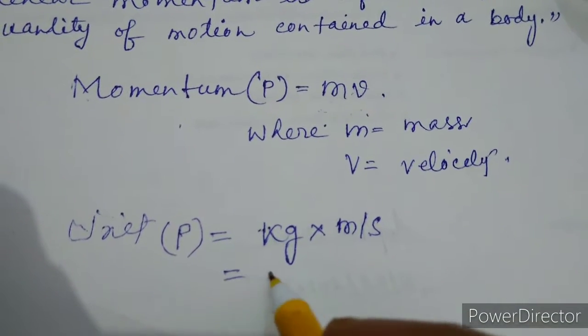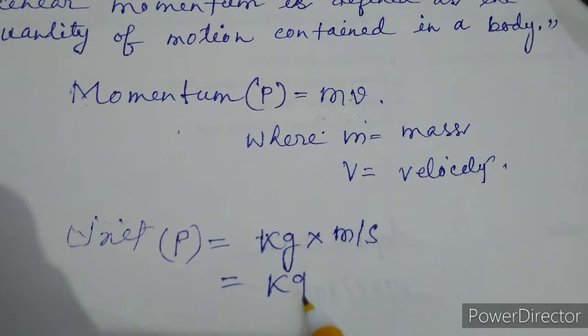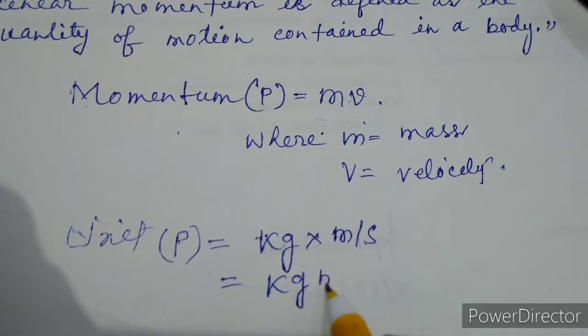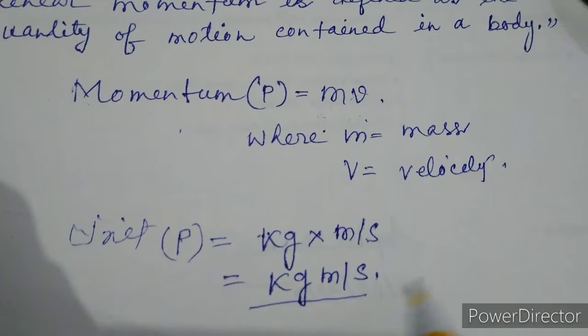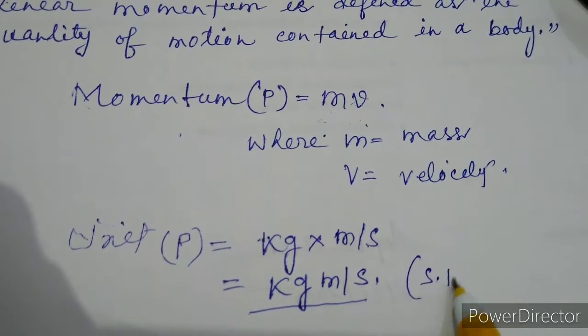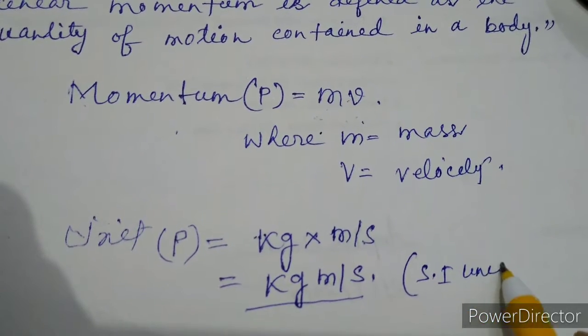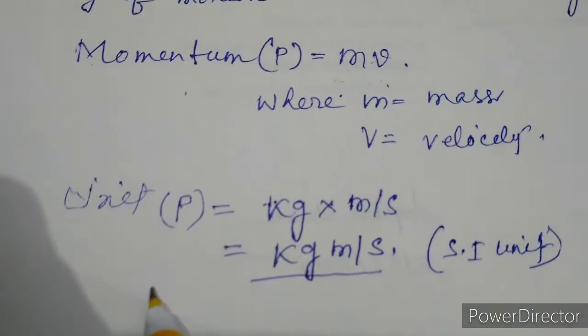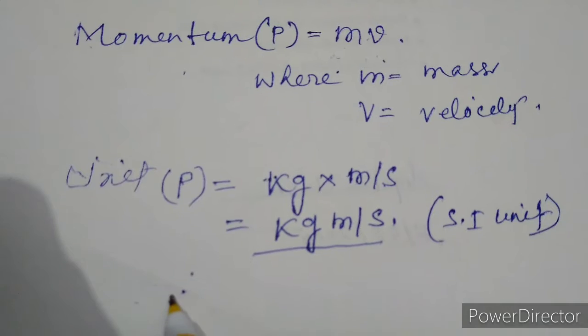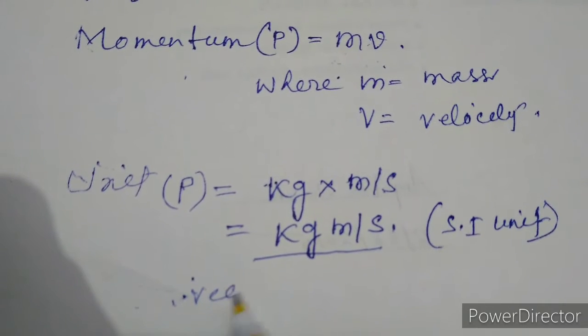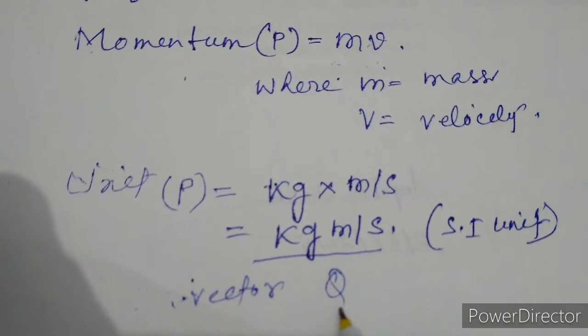So from here we get that its unit is kg meter per second. This is the SI unit. It is associated with a direction, so it is a vector quantity.